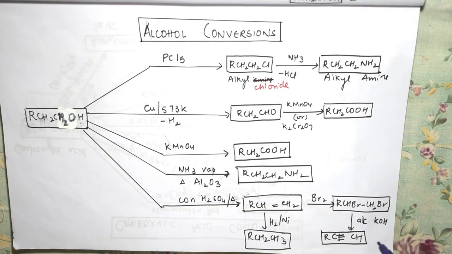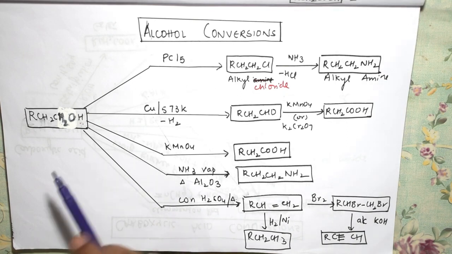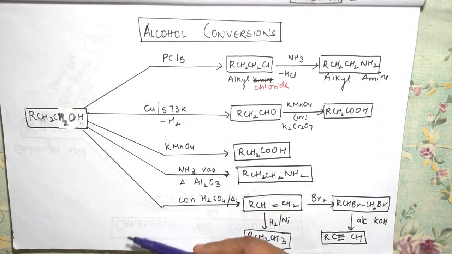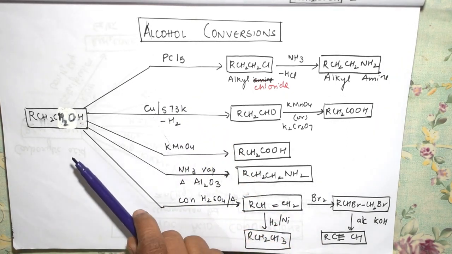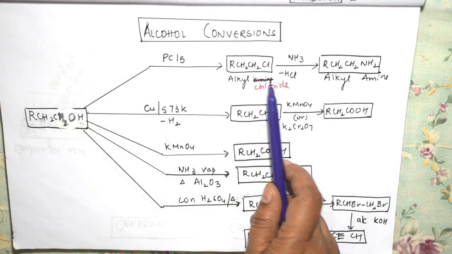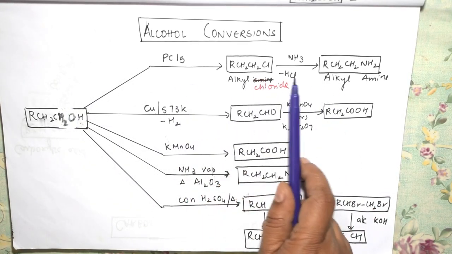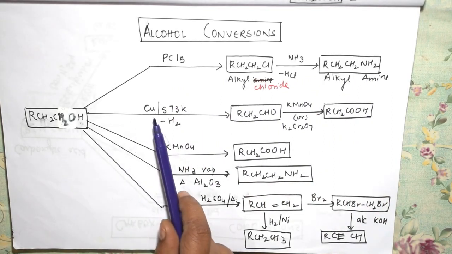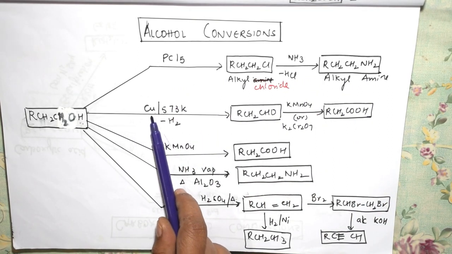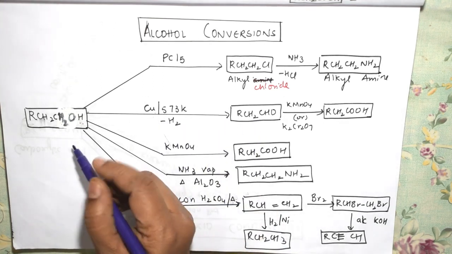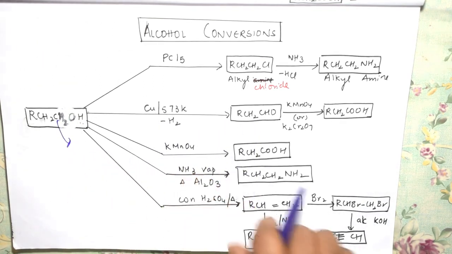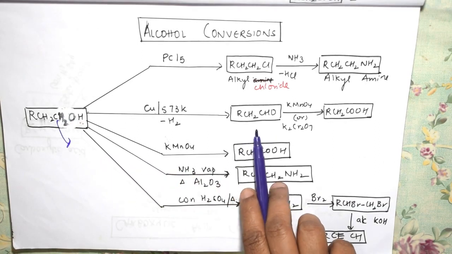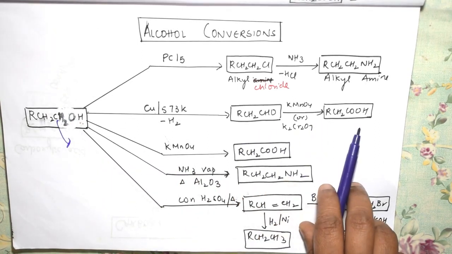Let us go to the next chapter, alcohols, phenols and ethers. Now let's start with the alcohol conversions, students. In alcohol conversions, we have different reagents which are used. Here, alcohols can be converted to alkyl halides and to alkyl amines. I have shown the reagents for how you are going to convert. Then I have shown alcohols on oxidation with a metal catalyst, where hydrogen is lost and you get aldehydes. We very well know aldehydes on oxidation give acids.